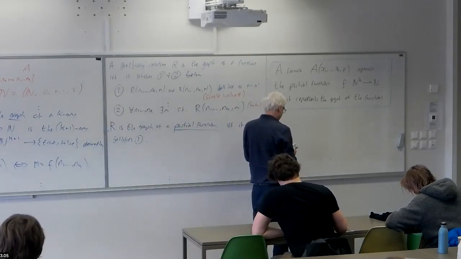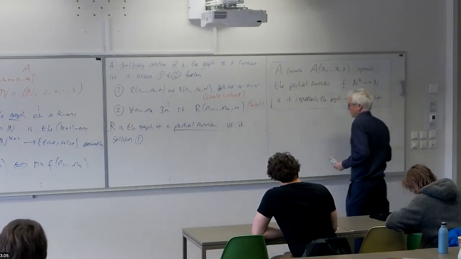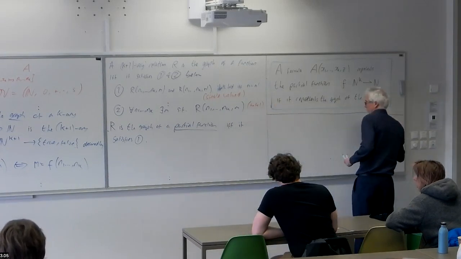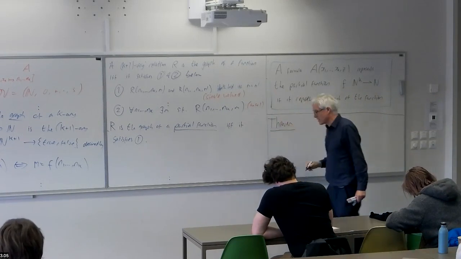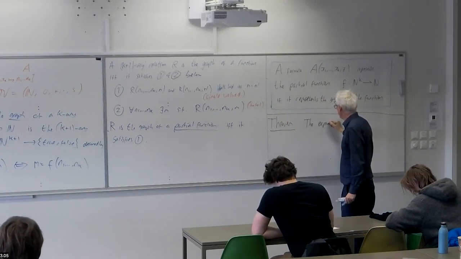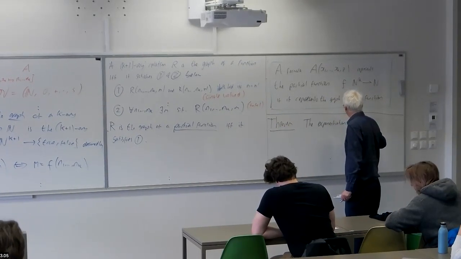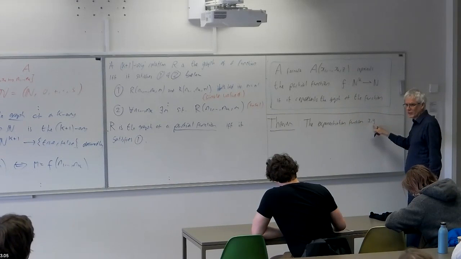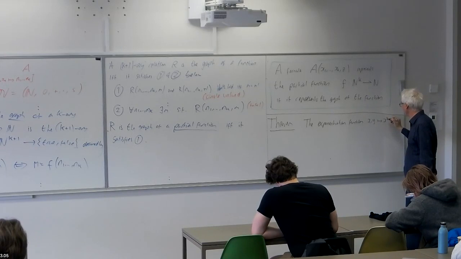All right, now let me state finally the theorem we're going to prove at the end. A lot of machinery so far, it's all very basic stuff, but it requires some fussy definitions. So the theorem, which is going to take a bit of work: the exponentiation function that maps natural numbers x and y to x to the power of y.